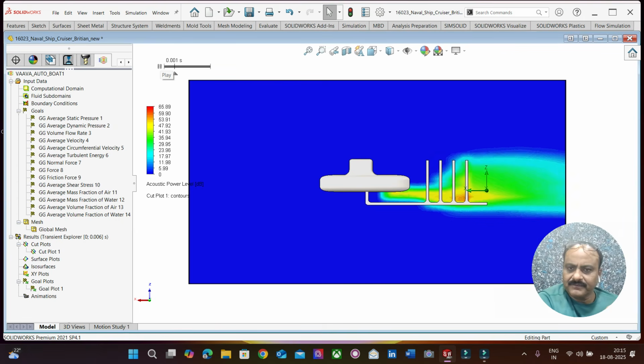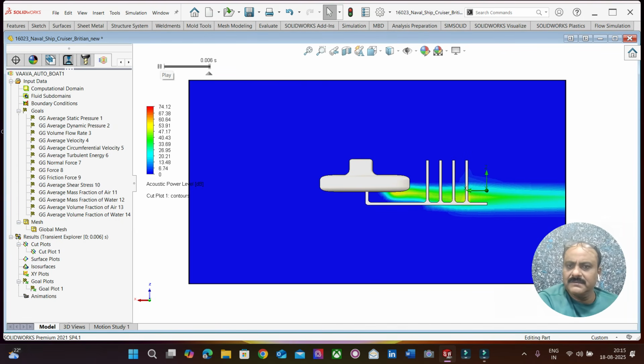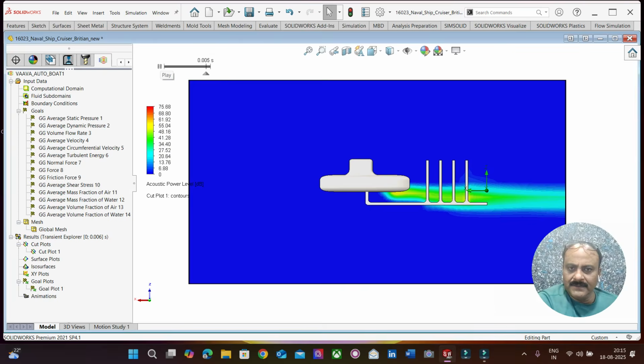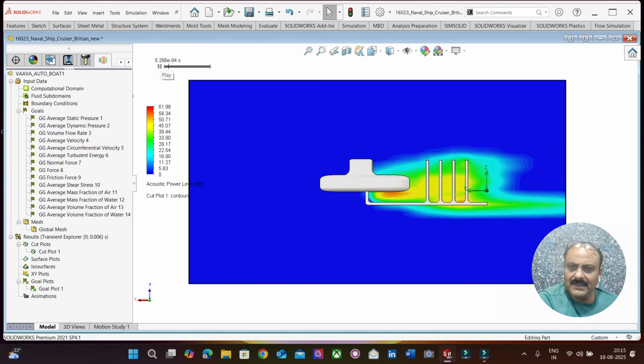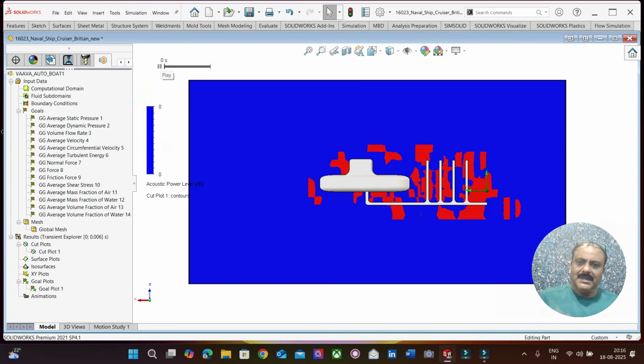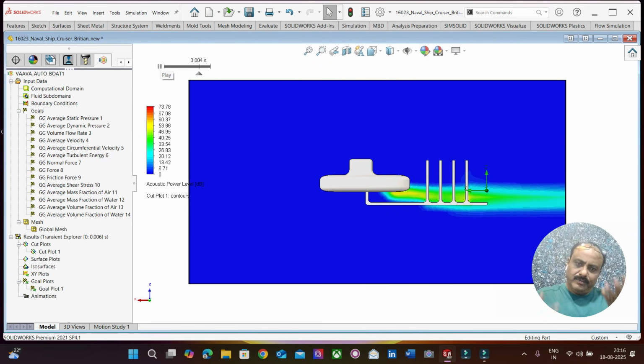So a structure and a flow simulation can be coupled together. For example, when we try to find out the noise dissipated by the engine of a car, the engine is going to experience firing, and because of the firing the fuel is getting burnt, there is a compression, and because of the compression there is going to be a blast, and because of that explosion there is going to be a certain dynamics in the engine that is going to push the piston within the cylinders.